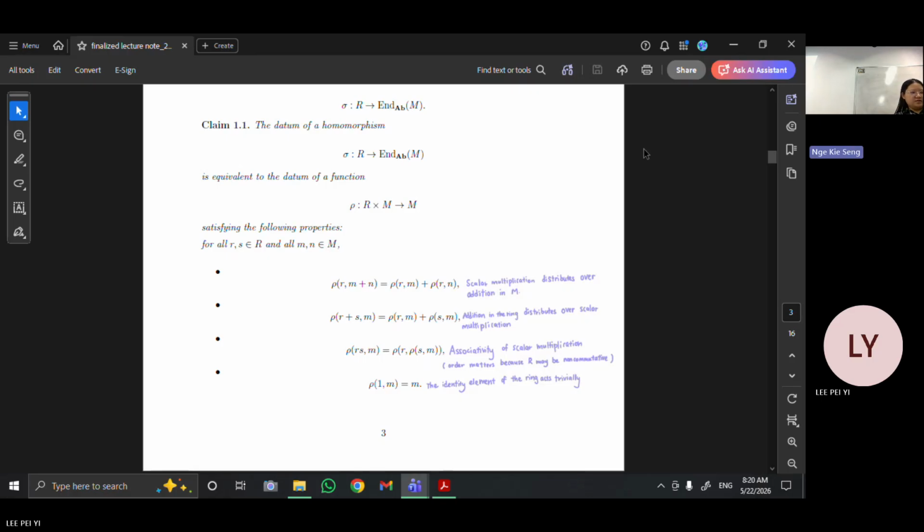The second axiom is that addition in the ring distributes over scalar multiplication. The third axiom is the associativity of scalar multiplication, and the order is important because R may be non-commutative. The next axiom is that the identity element of the ring acts trivially.